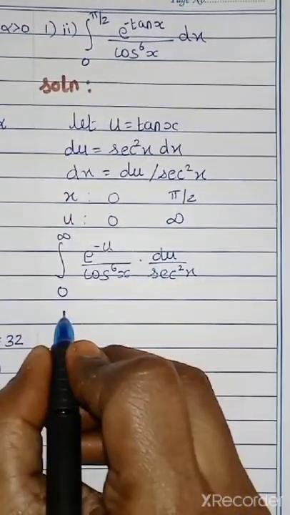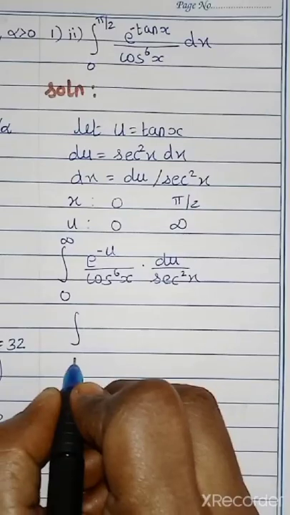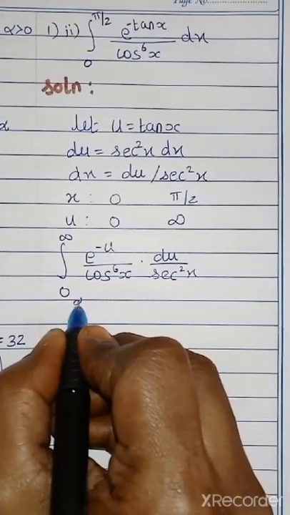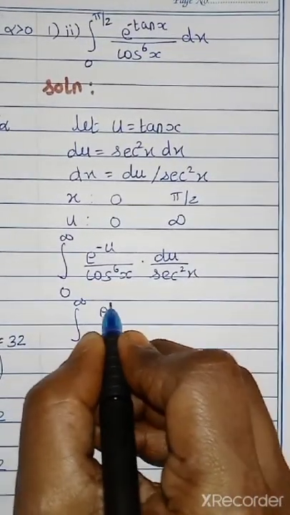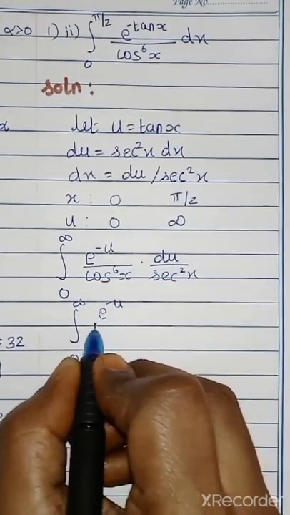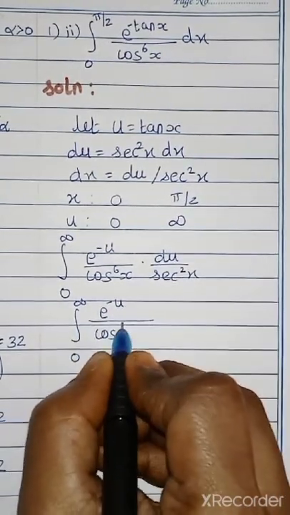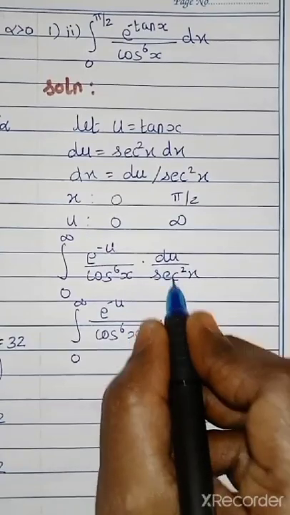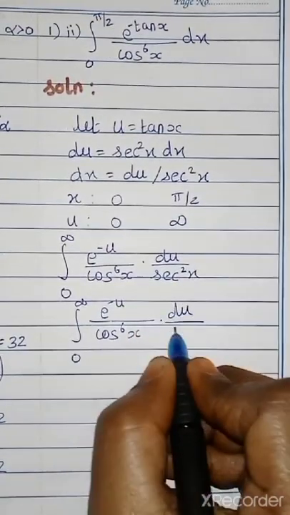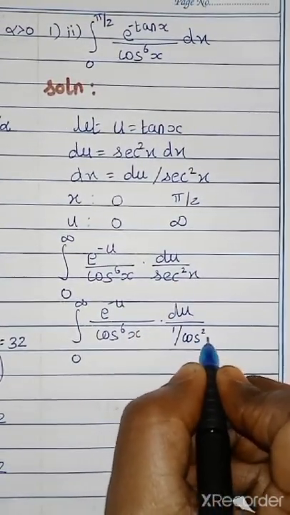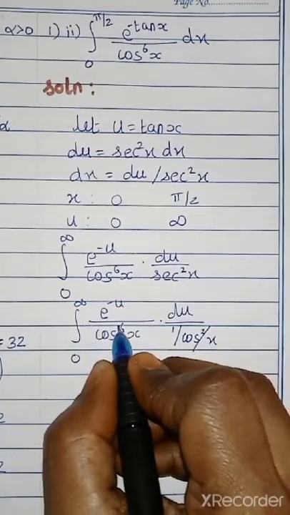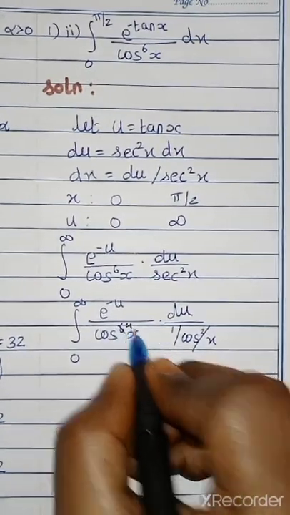Now we have to simplify this. Integral 0 to infinity e power minus u by cos power 6x, this you can write as 1 by cos square x. So the square will get cancelled, remaining will be 4.